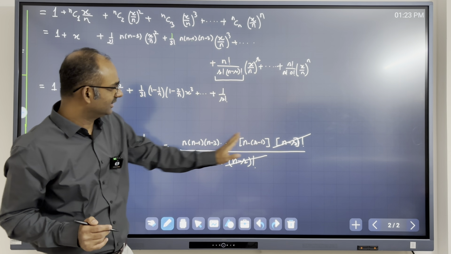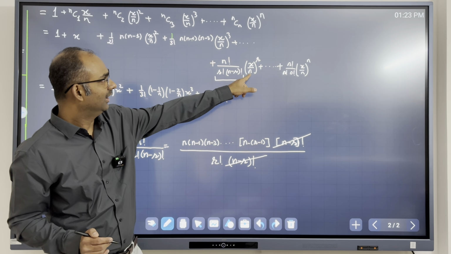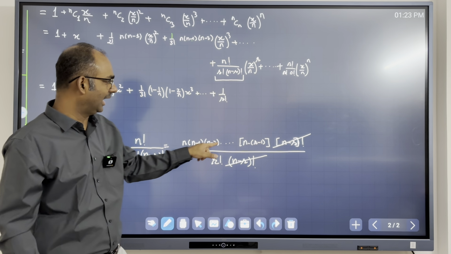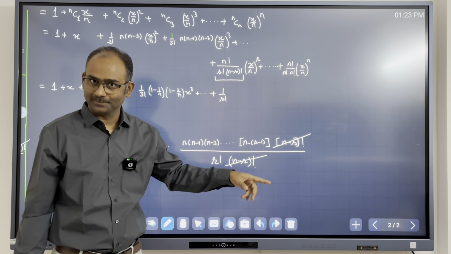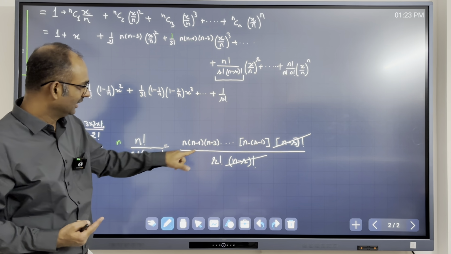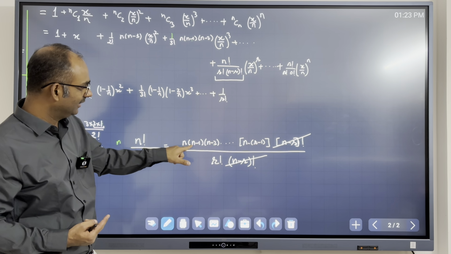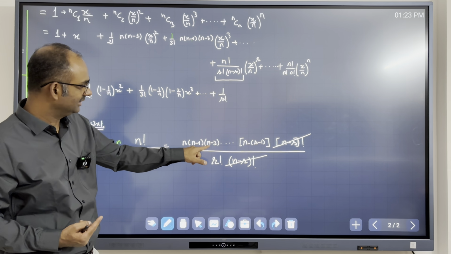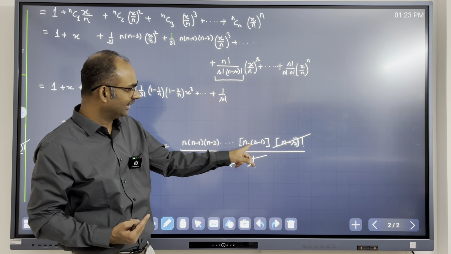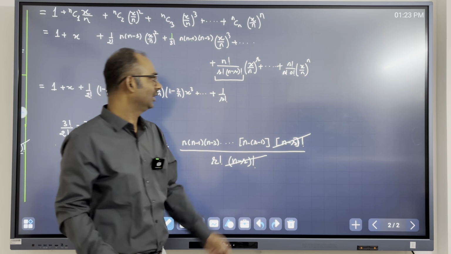So r factors here, and I am dividing by r factors of n. So I divide each of these by n. n over n is 1, like in all previous cases. This divided by n will give you 1 minus 1 over n. This divided by n will give you 1 minus 2 over n. This divided by n will give you 1 minus (r minus 1) over n. Okay?